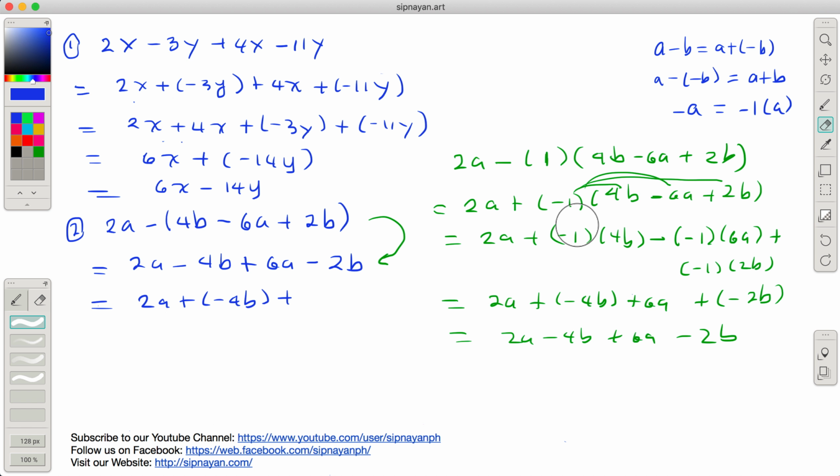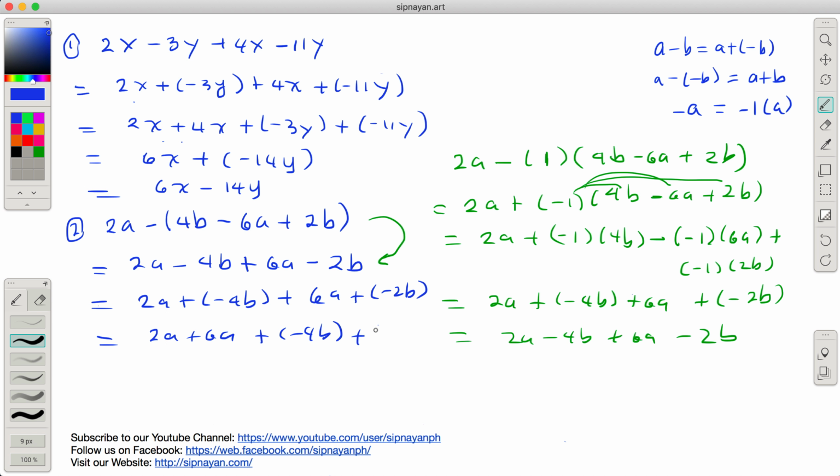Plus 6a and then plus negative 2b. And again, pagsamahin mo yung similar terms, 2a plus 6a, and then plus negative 4b plus negative 2b, and then this is 8a plus negative 6b, or babalik natin sa ulit, magiging 8a minus 6b.